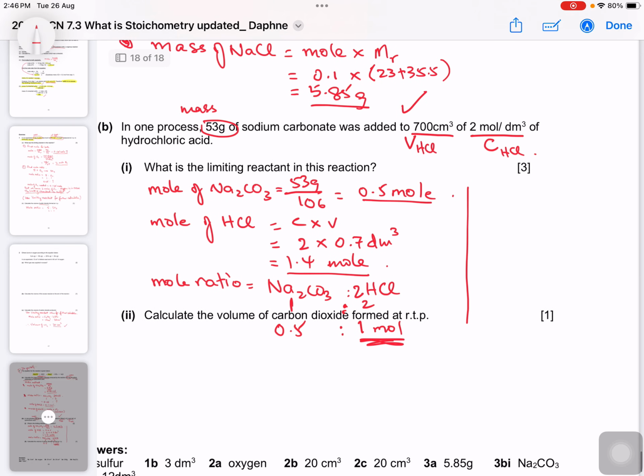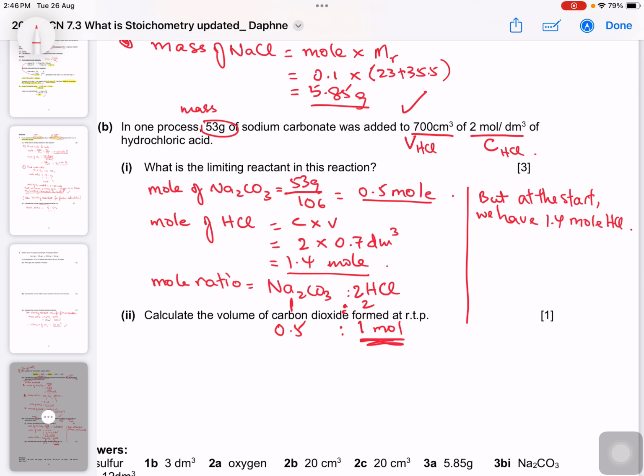It's supposed to be 1 mole, but at the start, we have 1.4 moles HCl.